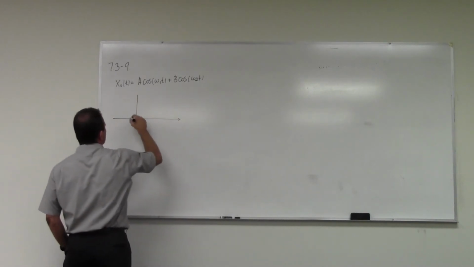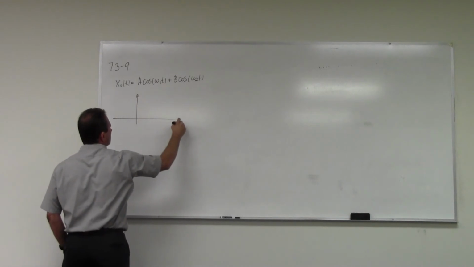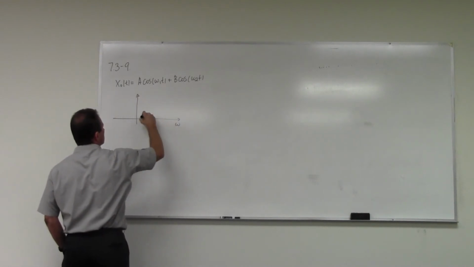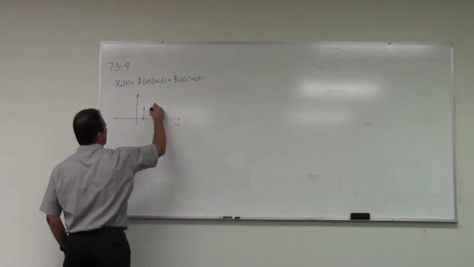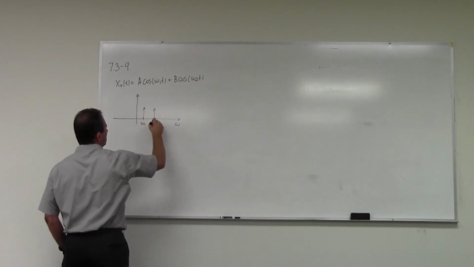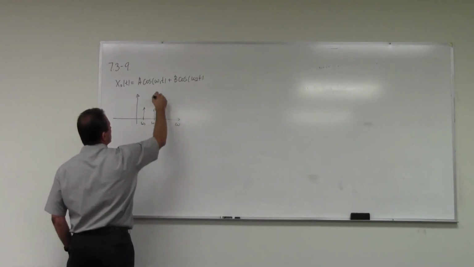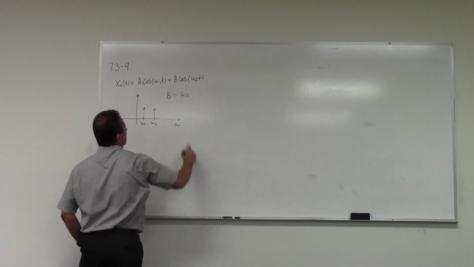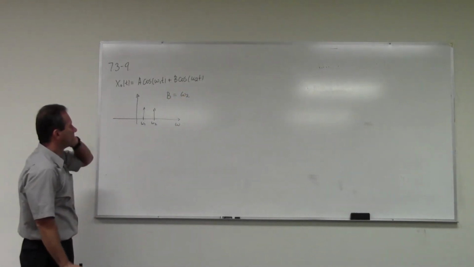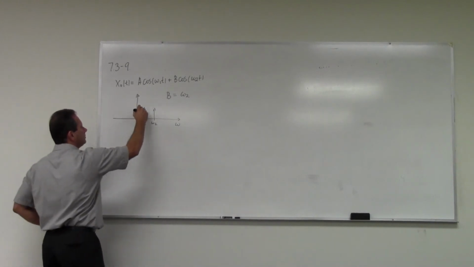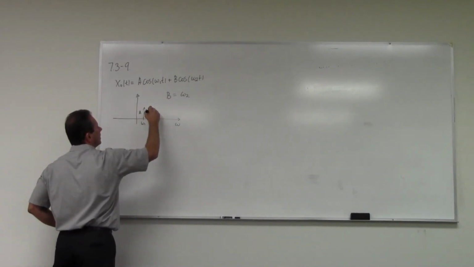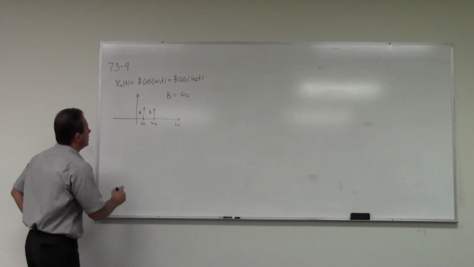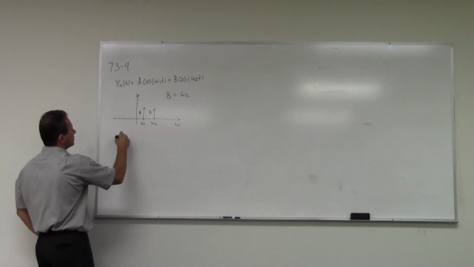Well, I'm just going to draw it for a positive omega. There are two sinusoids, one at omega 1 and the other at omega 2. What is the bandwidth of the signal? It is equal to omega 2, right? Because you're not extending past omega 2. So let's take a look at x0 squared of t.